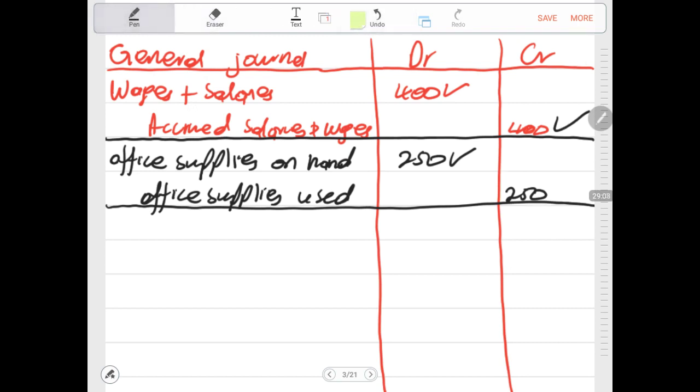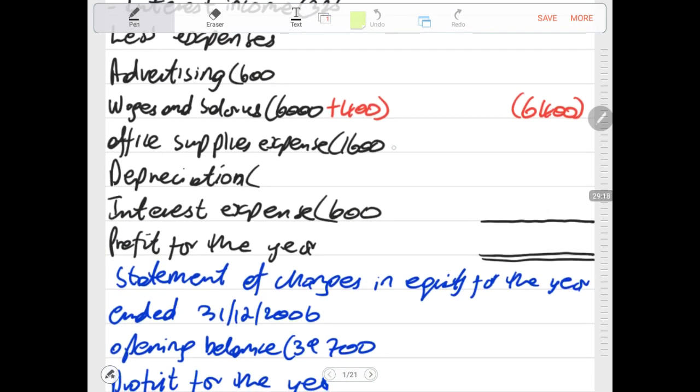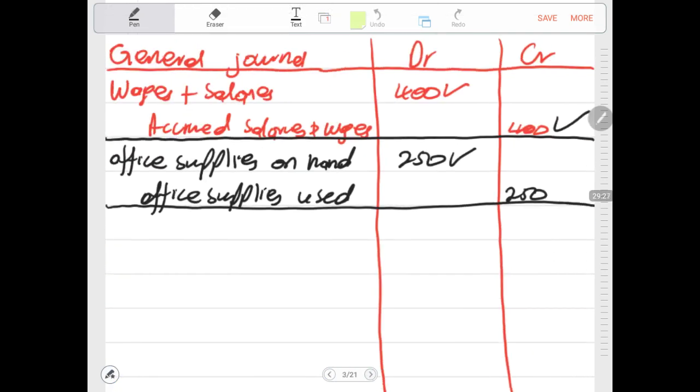So now this is the decreasing side of our expenses, the credit side. So now if that is the decreasing side, that means in the income statement under office supplies, we need to say minus 250 rands because expenses decrease on the credit side. And in the ledger, we can see that expenses are on the credit side.